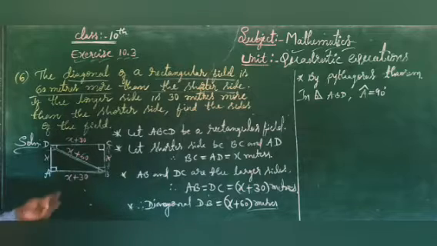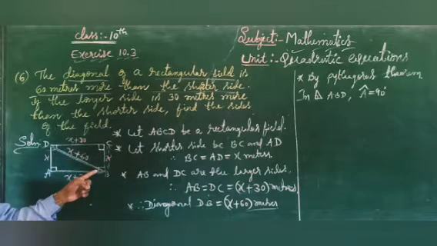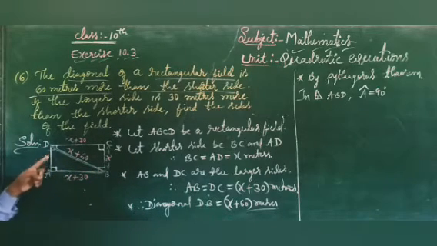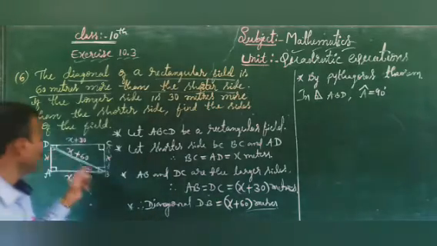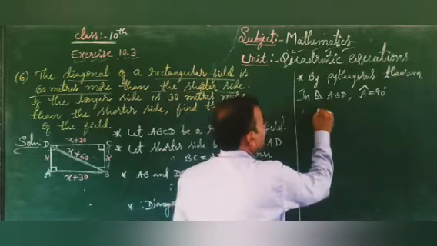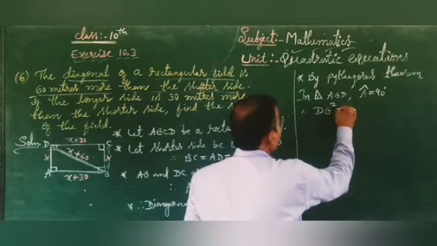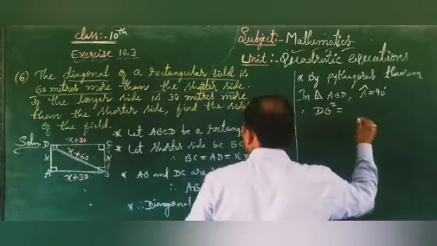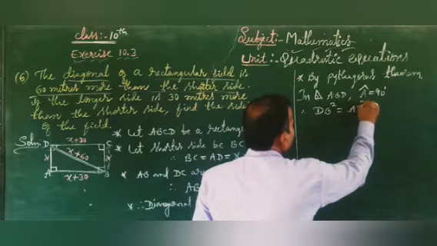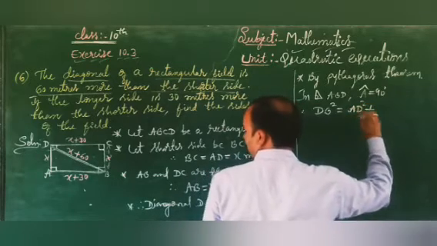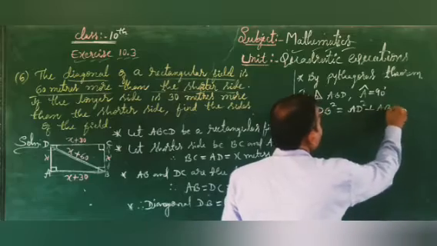So apply the Pythagoras theorem: the square on the hypotenuse is equal to the sum of the squares on the other two sides. Therefore, DB square equals AD square plus AB square.